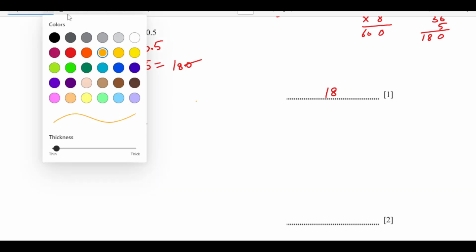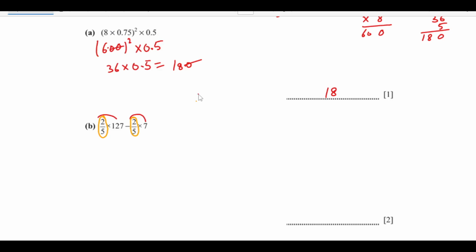I will have 2 by 5 outside, 2 over 5 times, then in the bracket we are left with 127 minus, if there is a minus put minus, and if there is a plus put plus. So we have minus here, so minus 7. So this is 2 over 5 times 127 minus 7, which is 120. So now we can simplify. 5 times 2 and 5 times 24, it is 48. So final answer is 48.